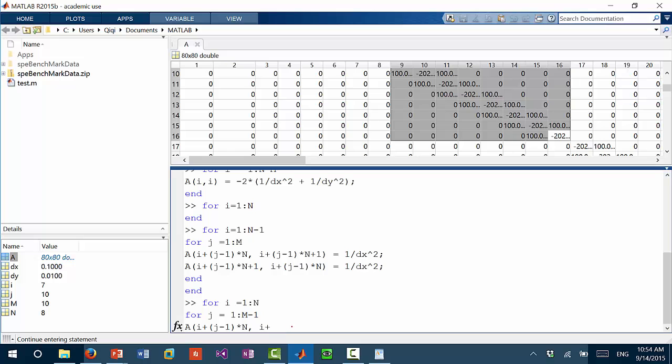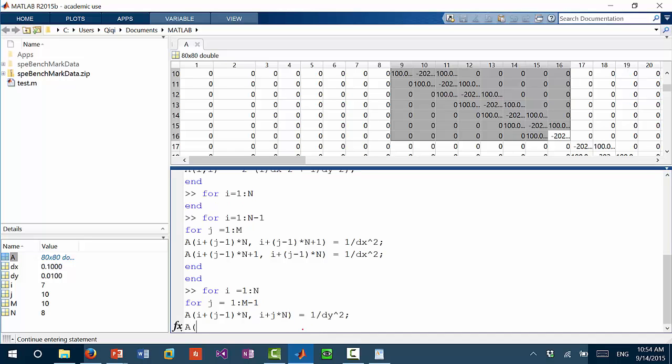What is the j index? It's n entries away, right? So j times n is equal to 1 divided by delta y squared, and the a of i plus j times n, i plus j minus 1 times n, is equal to 1 over delta y squared.